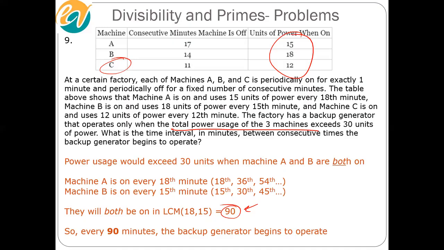Which incidentally, the power usage at that point of time will also exceed 30, obviously, right? At that point of time, power usage would be 15 plus 18 plus 12, right? But then we don't need to reach that stage, is what I'm saying, that even when A and B together are operational, the total power usage will still exceed 30 units. All right.